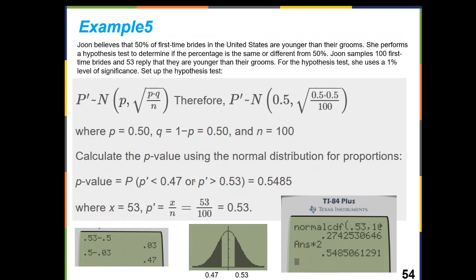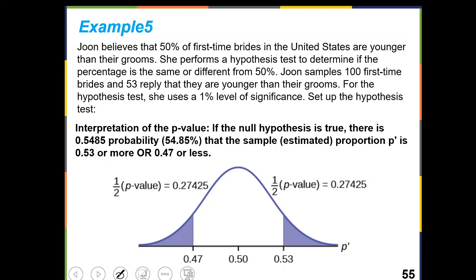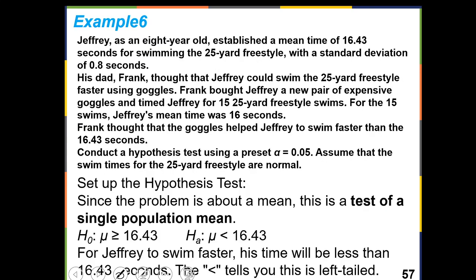Now again, we could use the original p prime distribution, or we just didn't use that, we use z, right? But they look kind of the same. That's what that is. All right, so now can we do this with the calculator? Yes, we could do it with the calculator. So let me show you how to do it with the calculator.